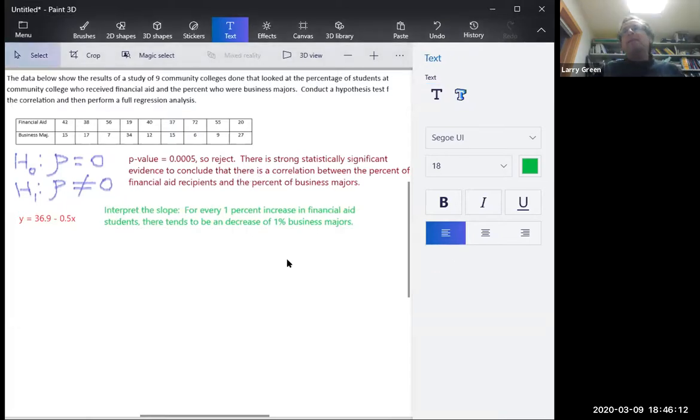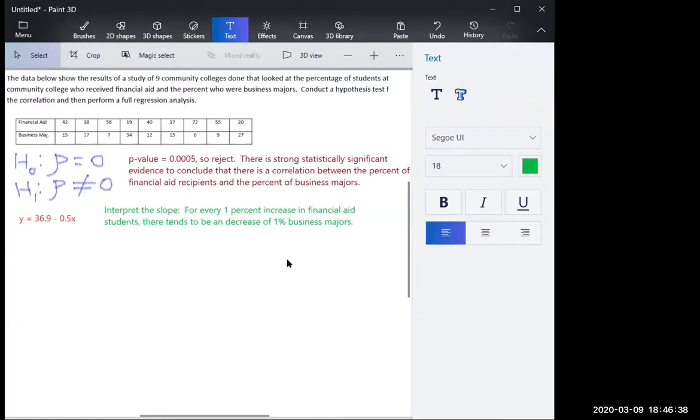Does that mean that if you give more financial aid, you will have fewer business majors? What do you think? So does that mean that if a college decides to give more financial aid, they will have fewer business majors? Is that true based on this study?